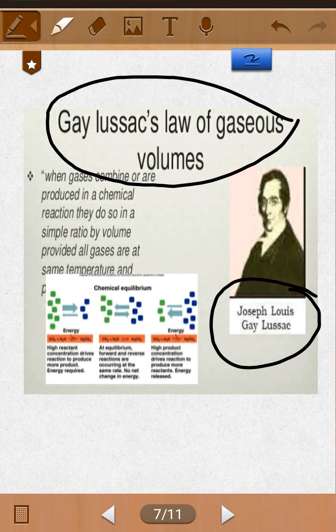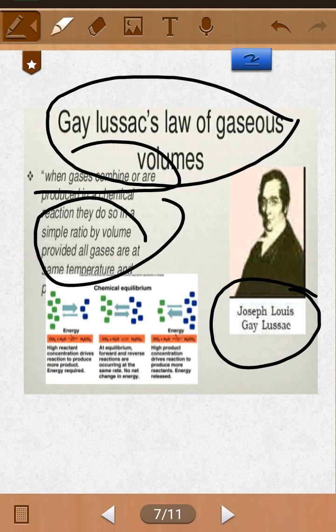It states that when gases react with each other, they do so in volumes which bear a simple whole number ratio to one another, and to the volumes of the products if these are also gaseous, provided all volumes are measured under similar conditions of temperature and pressure.